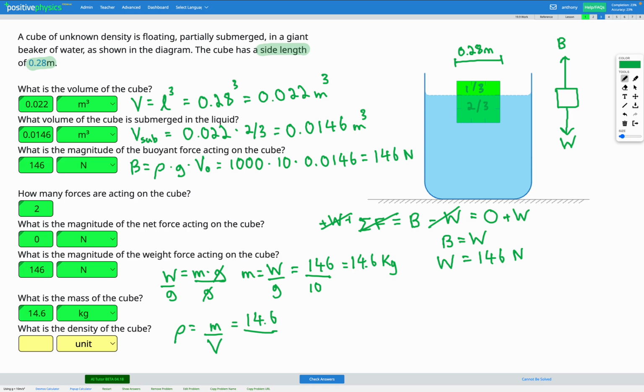It's the volume of the whole cube now, not just the volume submerged. The volume of the whole cube was 0.022 meters cubed. Putting that into our calculator, that gets us a density of 667 kilograms per meters cubed. So let's go ahead again and fill that in to make sure that's correct.